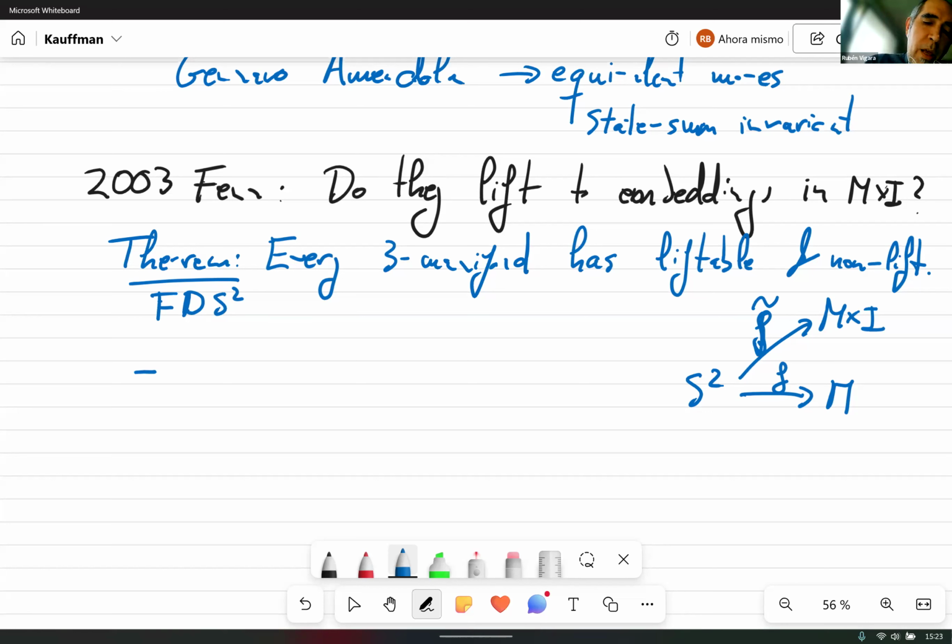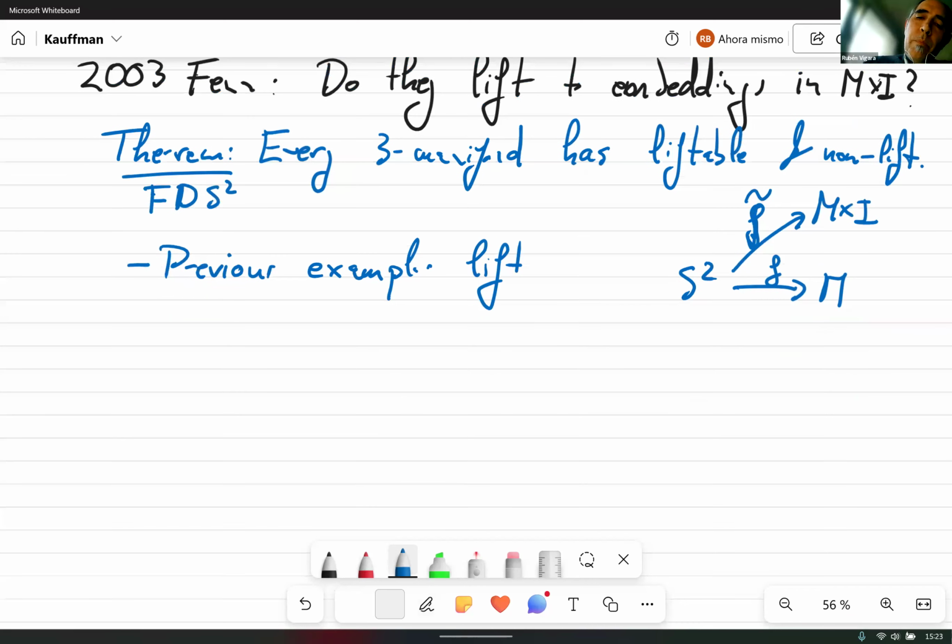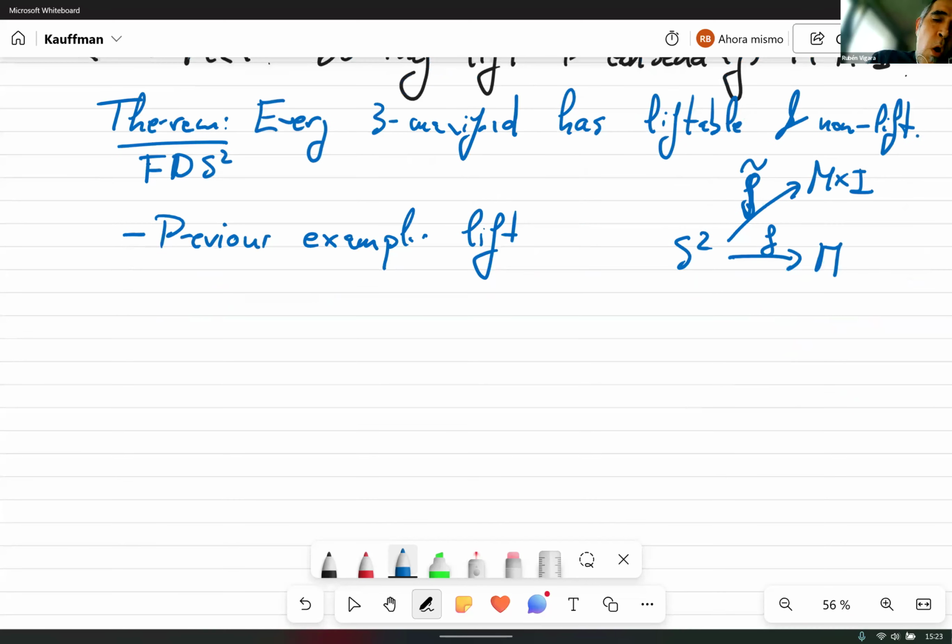It can be seen that they lift to embeddings. How can we know if an immersion lifts to an embedding?